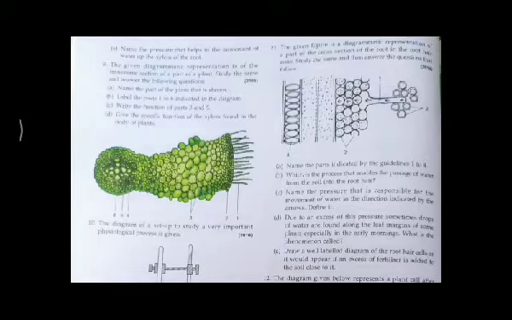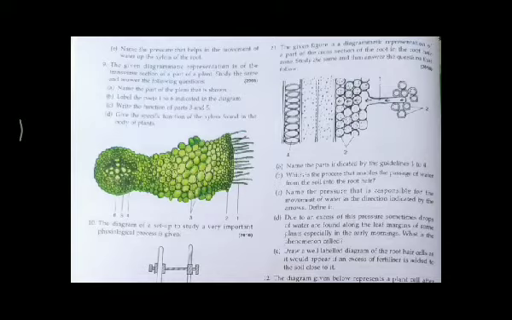Now part 5 is phloem. The main function of phloem is translocation of food from leaves to different parts of the plant.